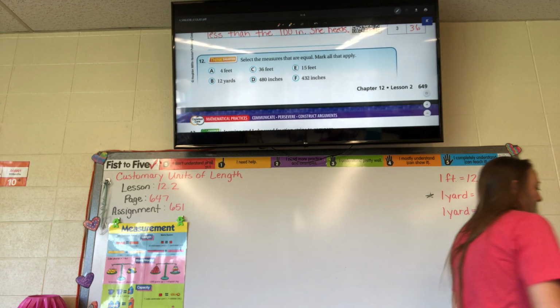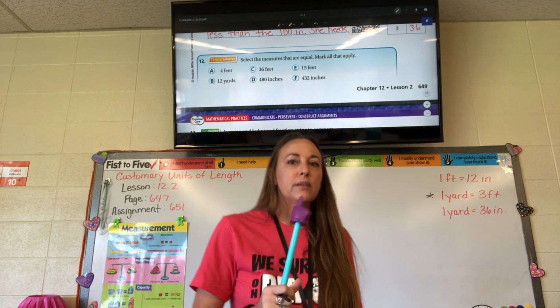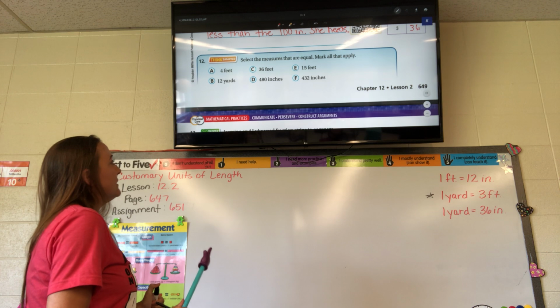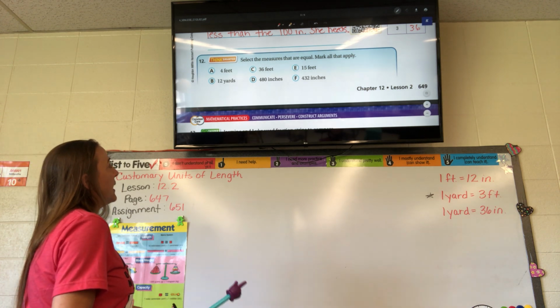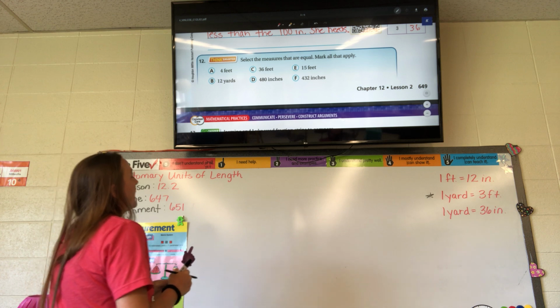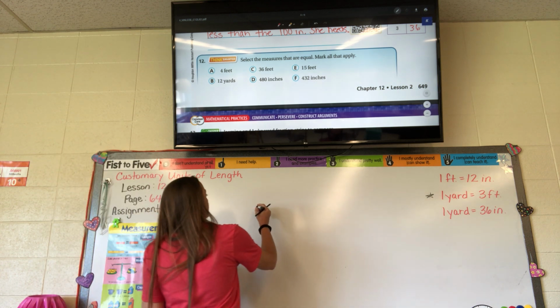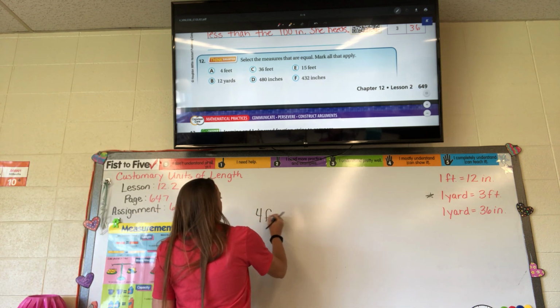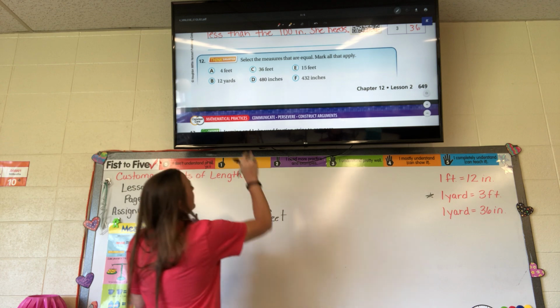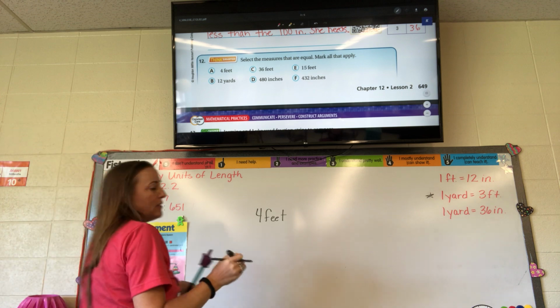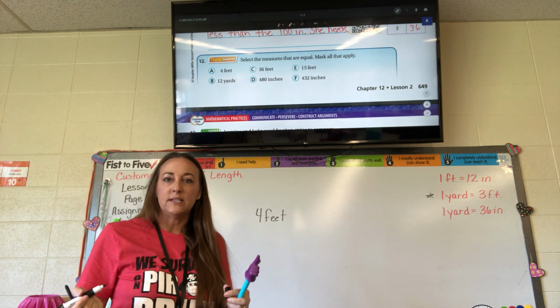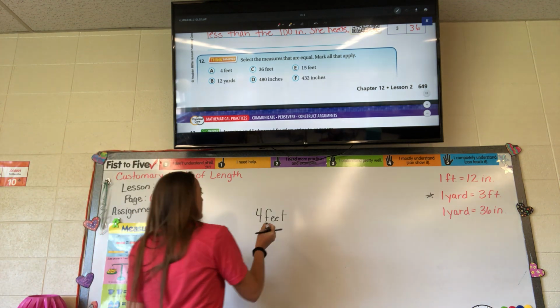Okay, here's the think part that we're going to do. Select the measures that are equal, mark all that apply. So let's start with A. We have 4 feet. And we've got some that are in yards and some that are in inches. So let me convert 4 feet into inches.